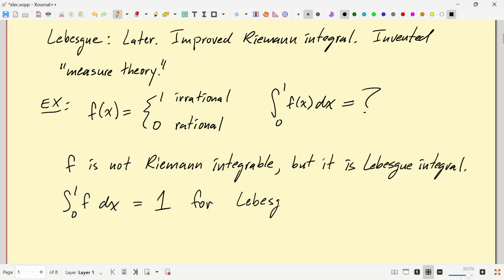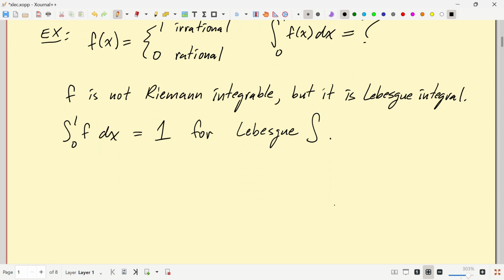And I'll say a few words about why that makes sense. You think about the rational numbers, Q. Let epsilon be bigger than 0. We know the rational numbers are countable, so let's call them q sub n.